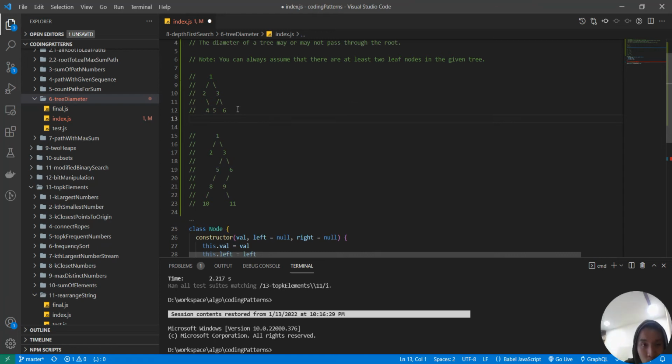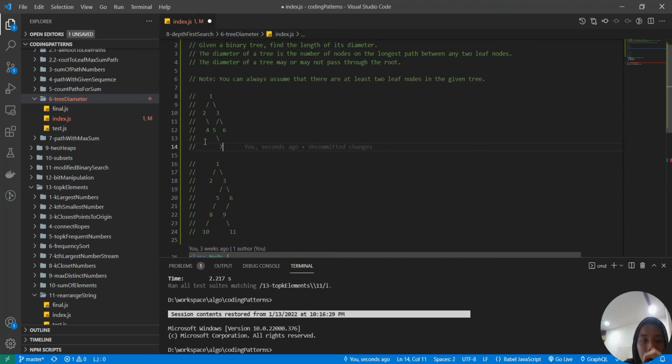So for example, let's modify this tree a little bit. So we have something like this. Then the diameter in this case would be probably from 4 to 7, right? So it would be 1, 2, 3, 4, 5, 6, right?